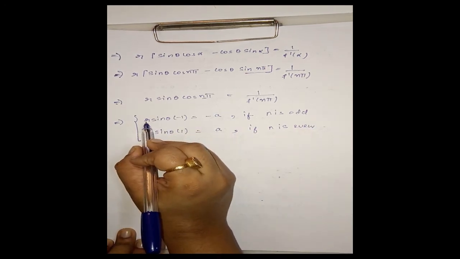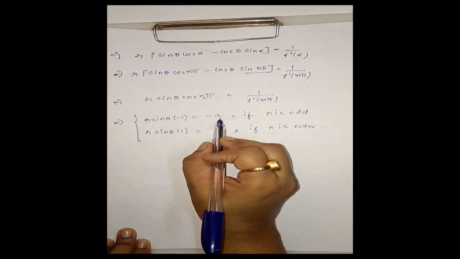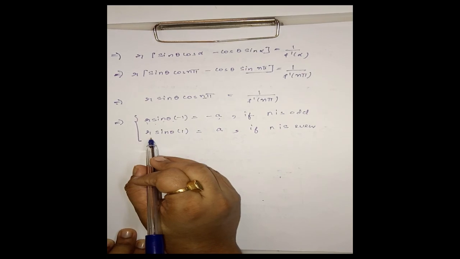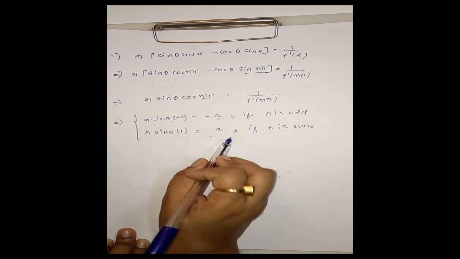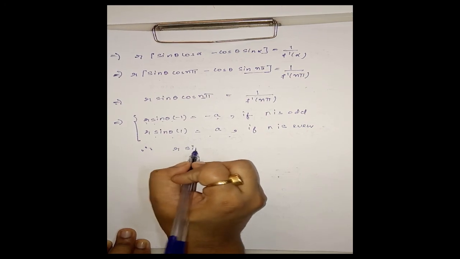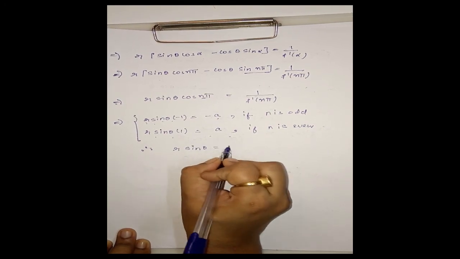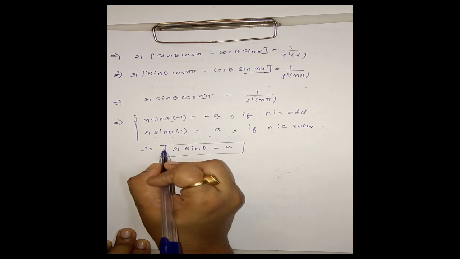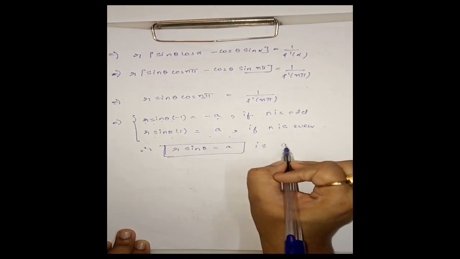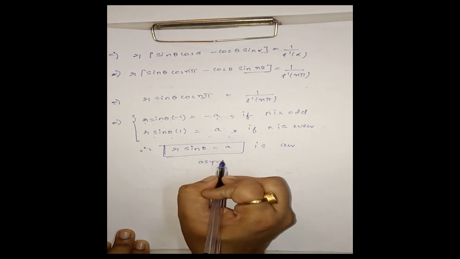Here I have minus r sin theta is equal to minus a, which gives us r sin theta is equal to a, and here also I have r sin theta is equal to a. Therefore, in any case, the asymptote is r sin theta is equal to a, whether n is even or odd.